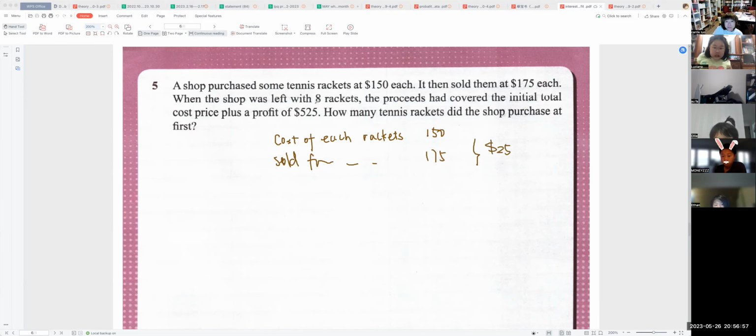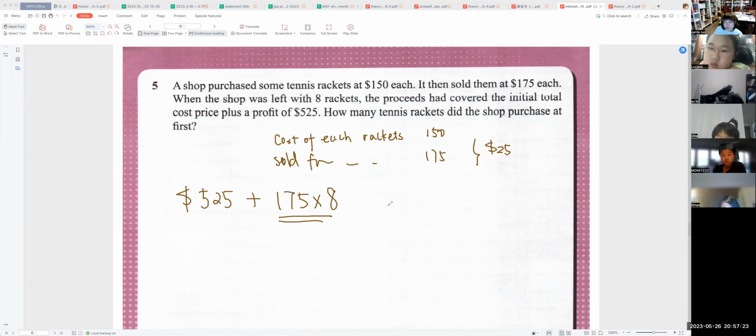So when the shop was left with 8 rackets, the proceeds had covered the initial total cost price plus the profit of 525. So let me ask you, everybody, is that the true profit? No, the true profit is actually 525 plus what? 175 times 8.